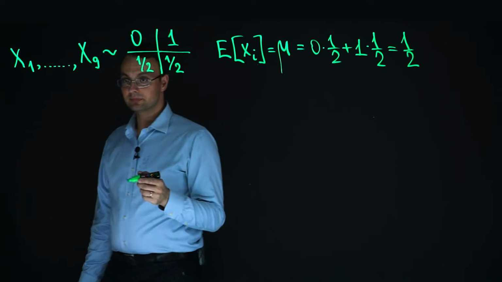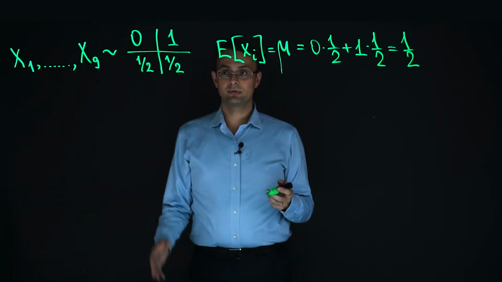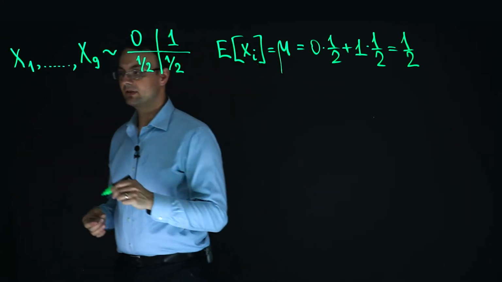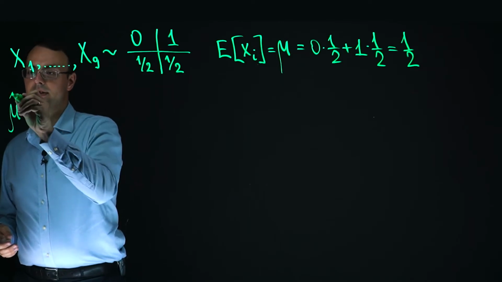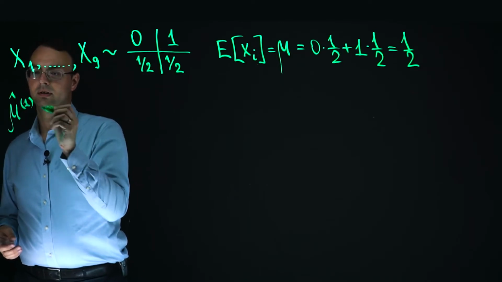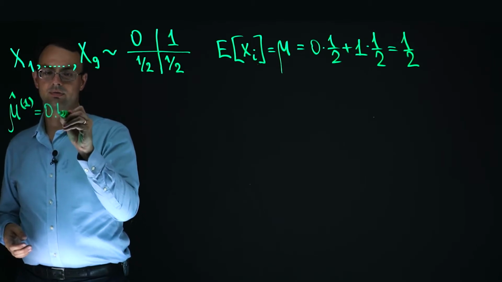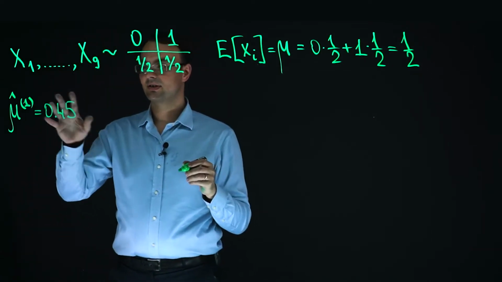So, 5 estimators of mu are being considered. They are: mu hat 1 is 0.45. So it is non-random, it's a constant.